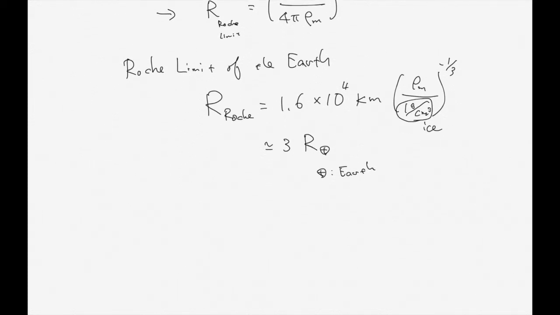If you compare the Roche limit of the Earth with the orbit of the Moon, the distance to the Moon is 3.8 times 10 to the 5 kilometers.